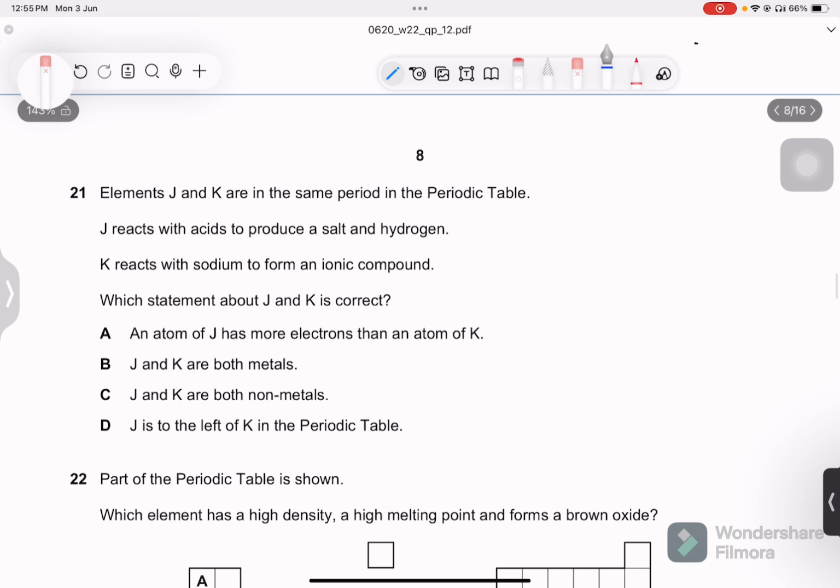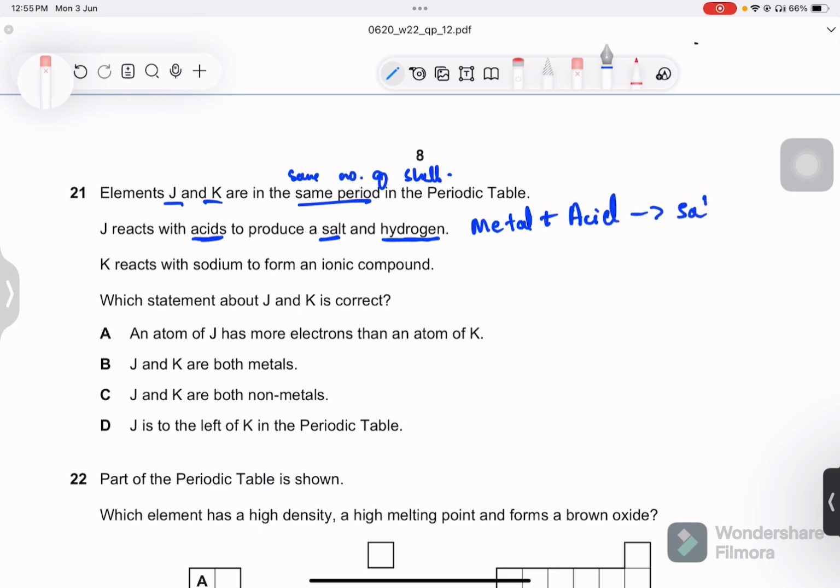21. Elements J and K are in the same period in the periodic table, so they have the same number of shells because they're in the same period. What happens is J reacts with acids to produce a salt and hydrogen. So J is what? A metal, because a metal reacts with an acid to produce a salt and hydrogen.